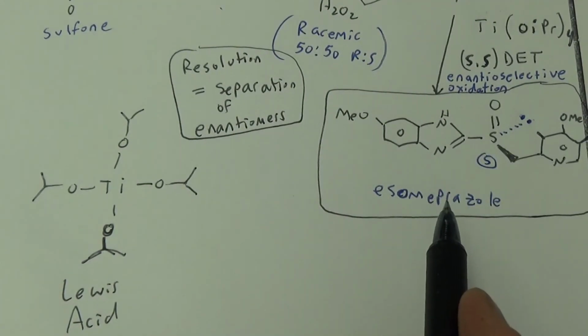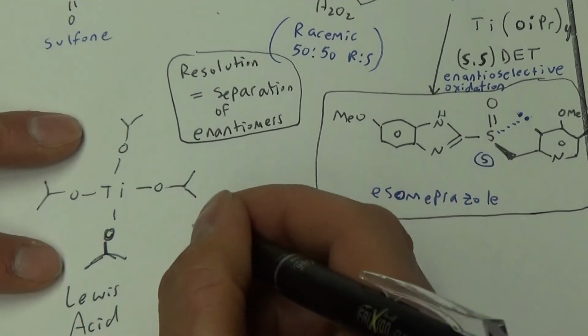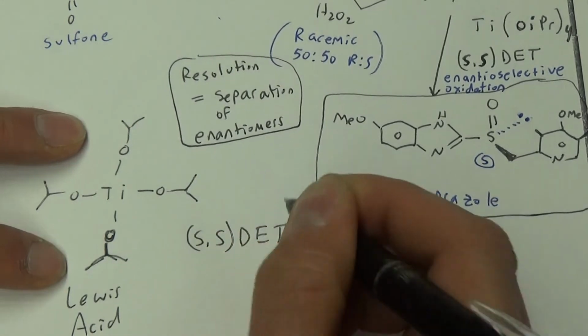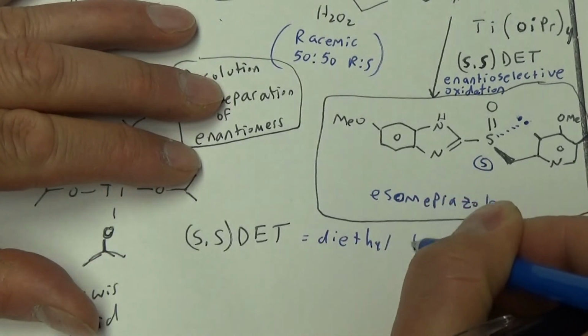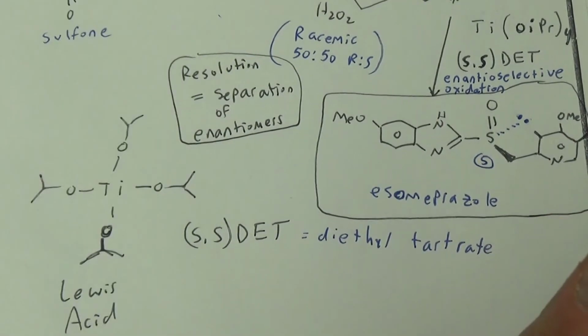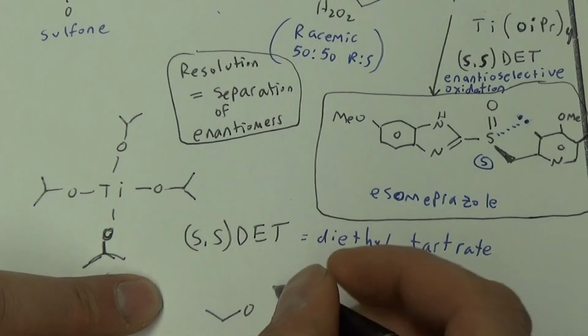And that's what causes the formation of a single enantiomer. So SS DET, diethyl tartrate, is just a diethyl ester of tartaric acid.